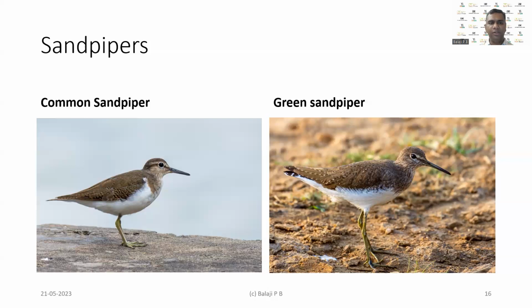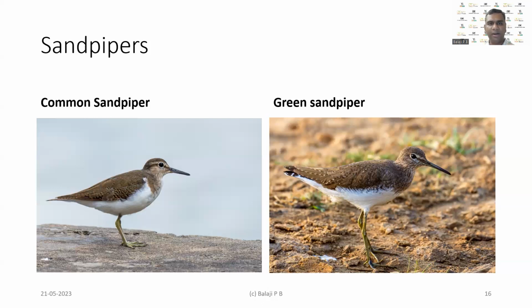Now let's go into some of the commonly confused waders. One is the common sandpiper and the second is the green sandpiper. One differentiating factor between the two is that the common sandpiper has a very prominent supercilium which extends beyond the eye, whereas in the green sandpiper, the supercilium only extends to the eye, not behind it.